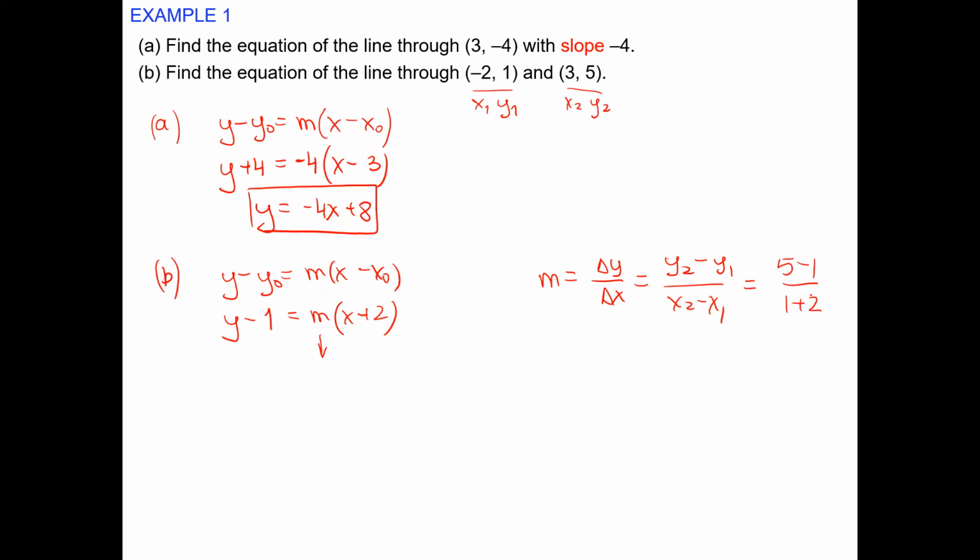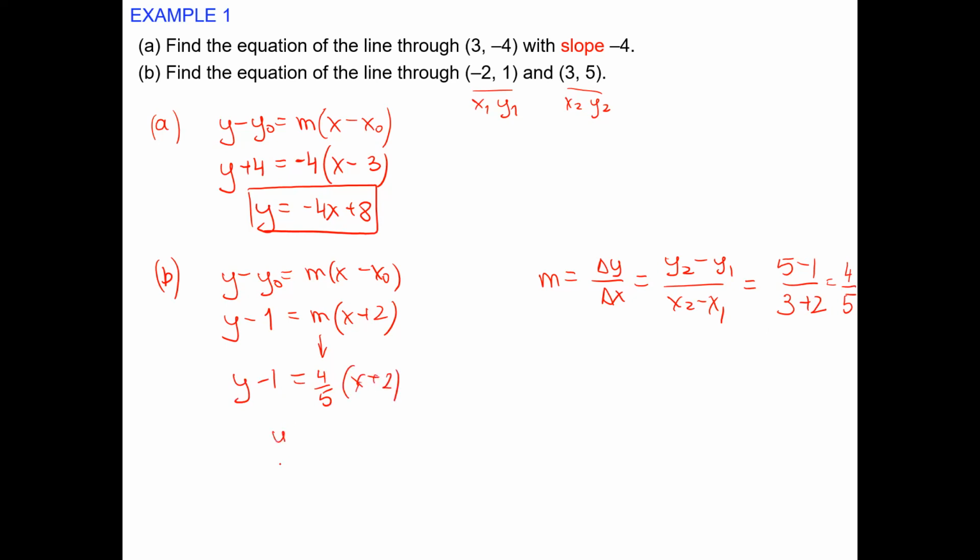Oh, I think I did it correctly. No. X is 3, subtracting 3 plus 2. 3 plus 2, not 1. Yeah, that means this is correct. Okay, that means the slope is 4/5. Okay, 4/5. Let's copy.